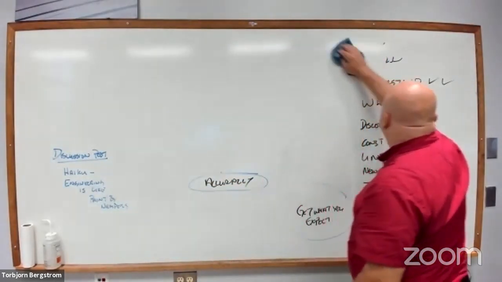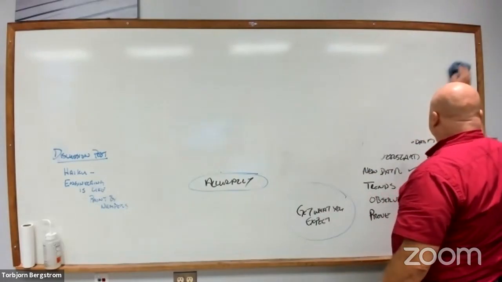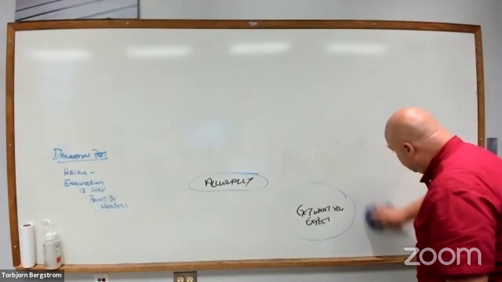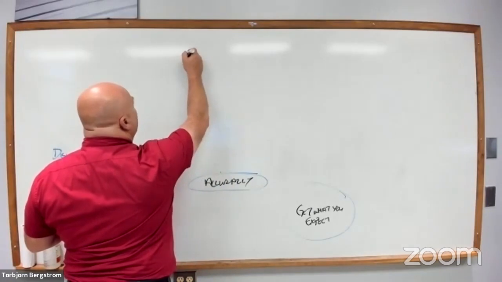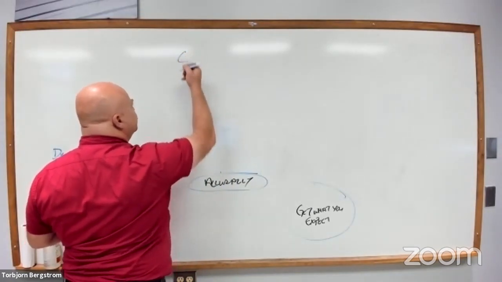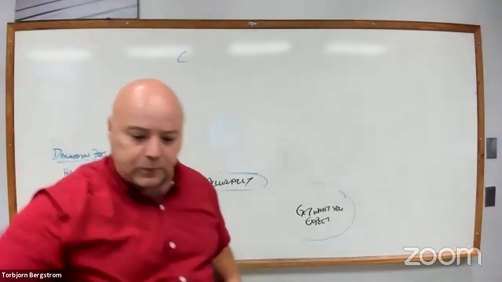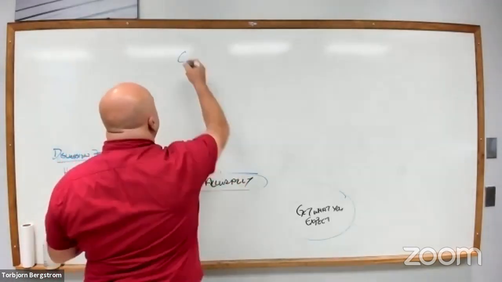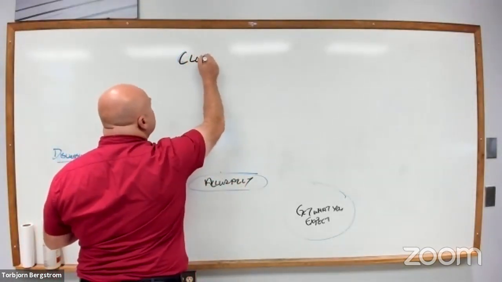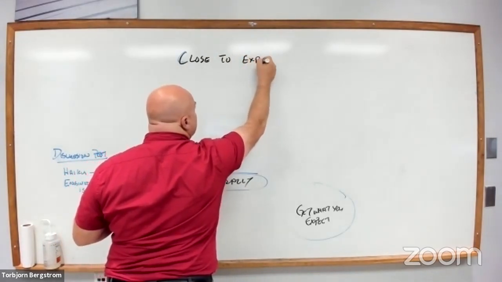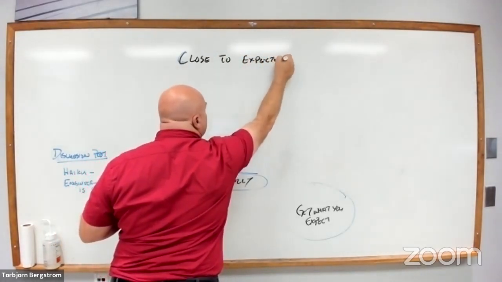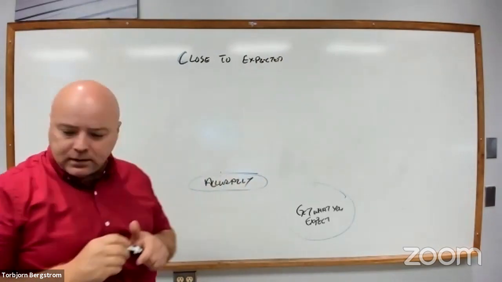What does it mean to have an accurate measurement? They're close to the expected value. So accuracy is close to the expected. Does accuracy mean anything else?